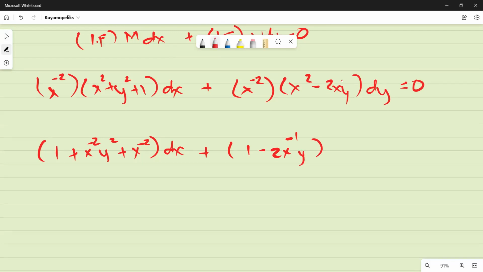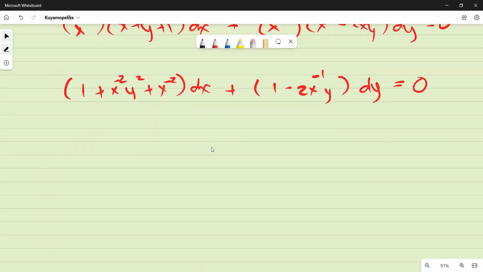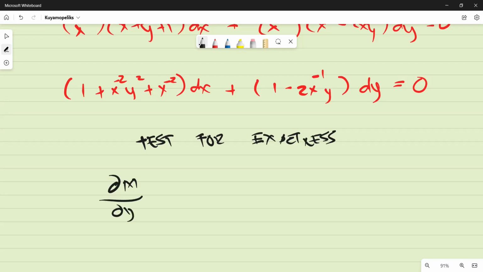y dy. So let's check if it becomes exact, because the purpose of the integrating factor is to convert it into an exact DE. So let's test for exactness again. Partial of M with respect to y. Since we have a new M, let's try: 1 plus x negative 2 y squared plus x negative 2 with respect to y.